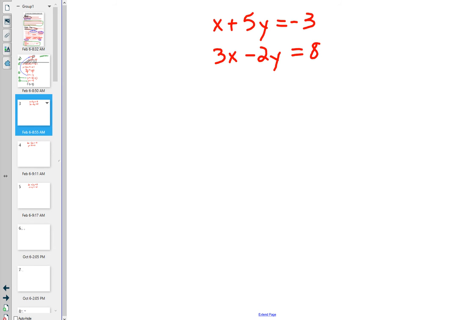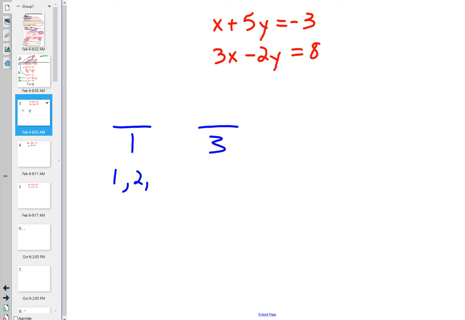Okay. So the way that we make them match is by doing what's called least common multiple. It's the same skill you use when you try to make fractions the same. So like here, the x's have a 1 and a 3. Imagine I had a fraction with a 1 on the bottom and a 3 on the bottom. If I wanted to make them the same, what would the LCD be of 1 and 3? It'd be 3. If you're not sure, count by that number.